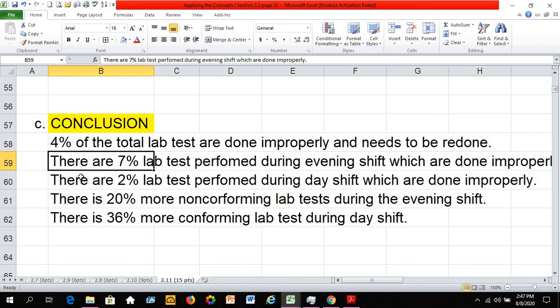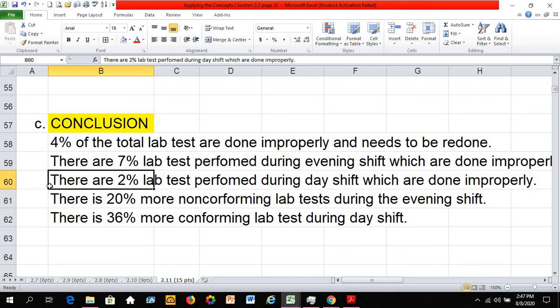So during the evening, 7 out of 100 tests need to be redone. So the director needs to do something during the night shift, maybe enhance the monitoring of every procedure of laboratory tests, to lessen the errors or the redoing of the laboratory tests.